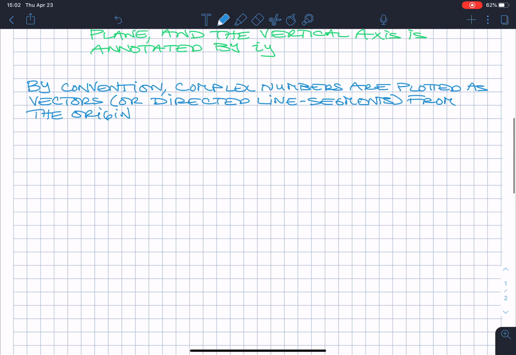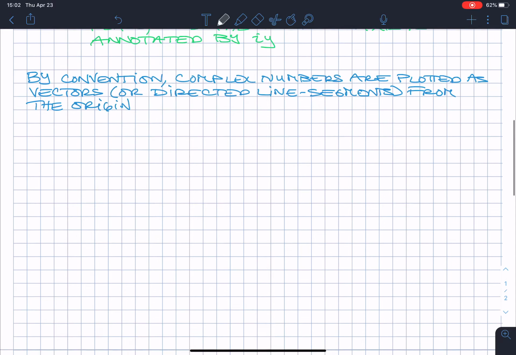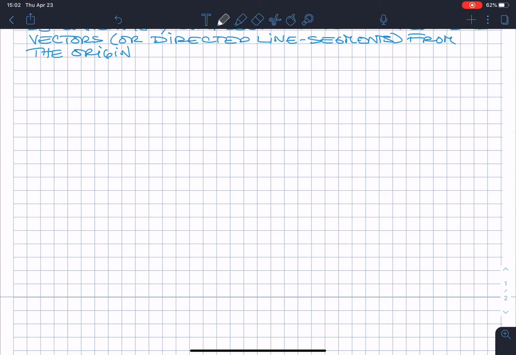For example, let me just do an example. If I had z is equal to a plus bi in the complex plane. Now remember, my vertical axis is not just the y-axis.